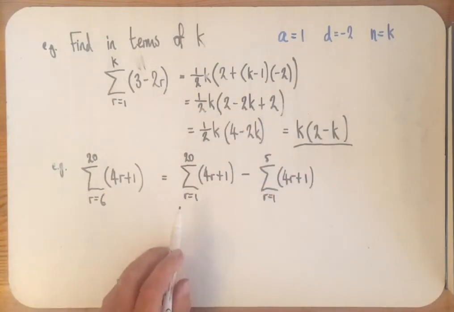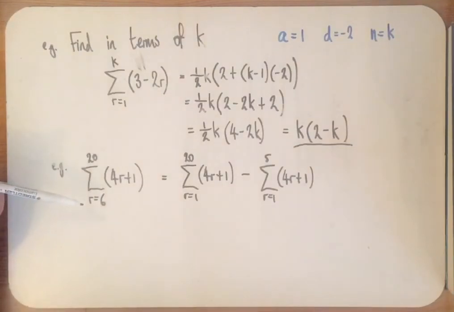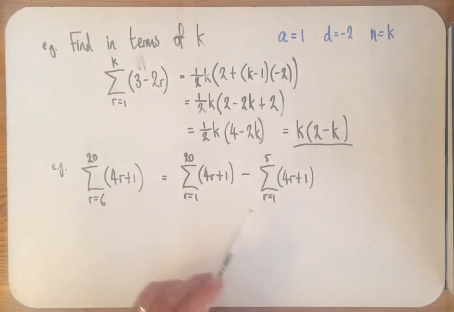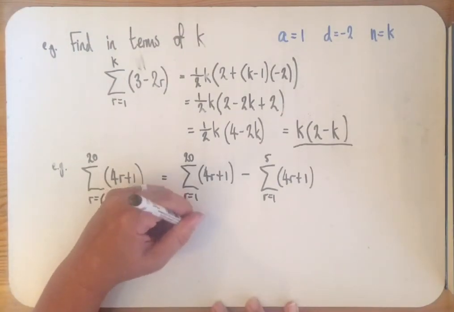So that's the sum of the first, second, third, fourth, fifth, sixth, all the way up to the 20th term. And then if we take away the sum of the first 5 terms, that will leave me with the sum of the 6th to the 20th terms. People who've done further maths are really used to that, but if you haven't, then I'm just showing you one of those. That's what we did in part 3.